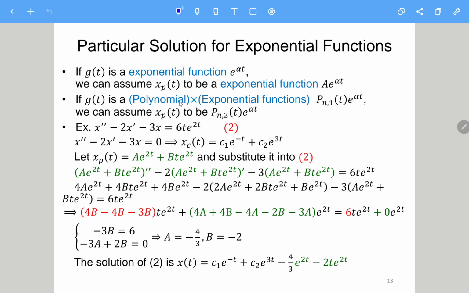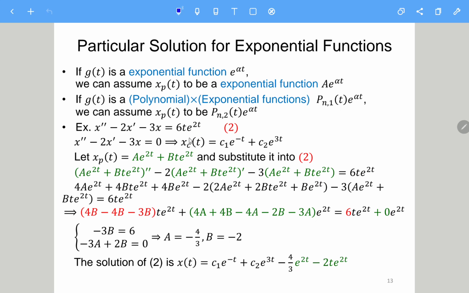And then we also combine, this is case 4. If g of t is a polynomial multiplied by an exponential, like P_n of t times e to the alpha t, then we also assume the particular solution to be a polynomial with the same order n, multiplied by e to the alpha t, similarly for these two cases.